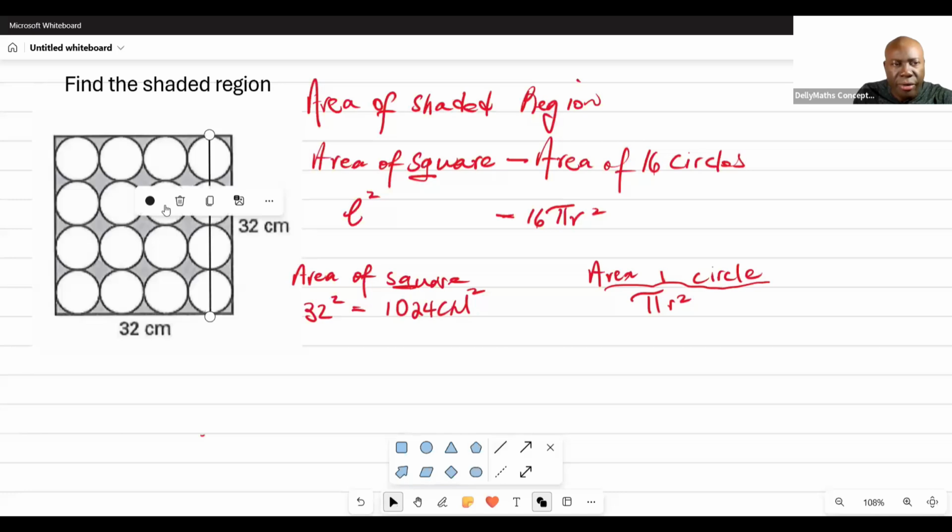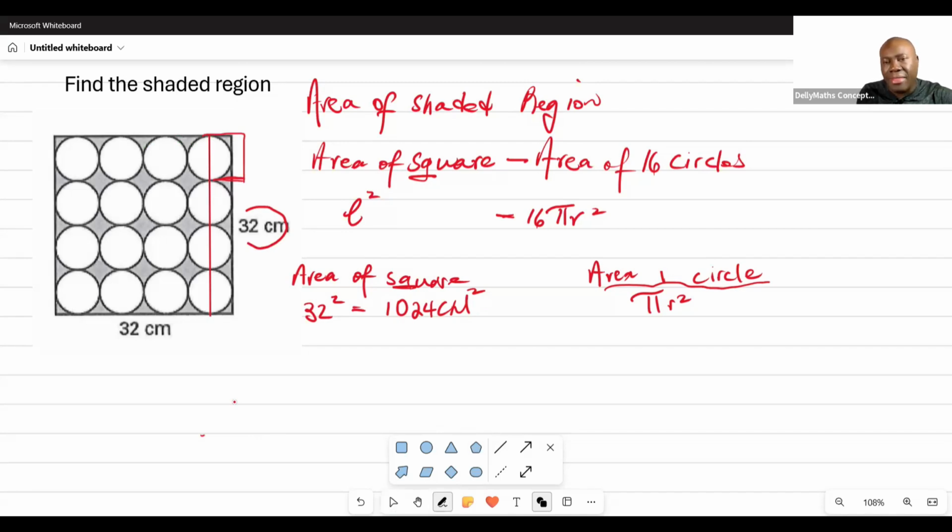So if I take 32 and divide it by 4, I'm going to get the diameter for one, and I'm able to take that diameter and then find the radius from that.